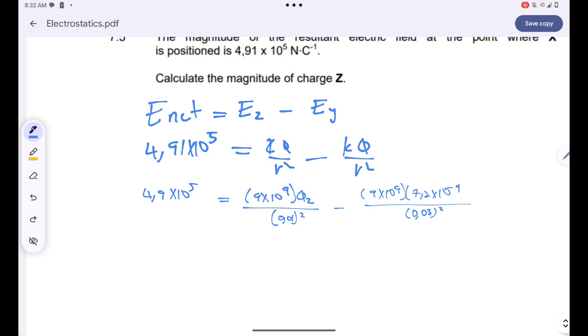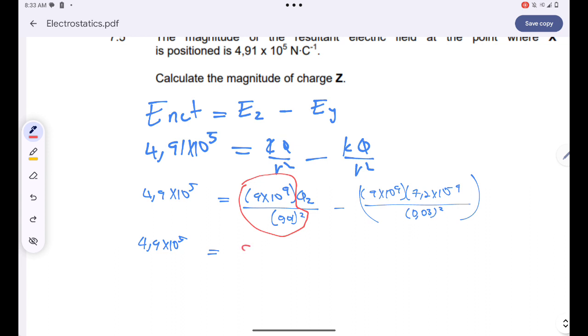Okay, so for me to find the charge on Z, I just need to calculate this first. But before I do that, I have 4.9 times 10 to the power 5. Now, if I punch this on my precious calculator, that's basically 9 times 10 to the power 9 divided by 0.01 squared.